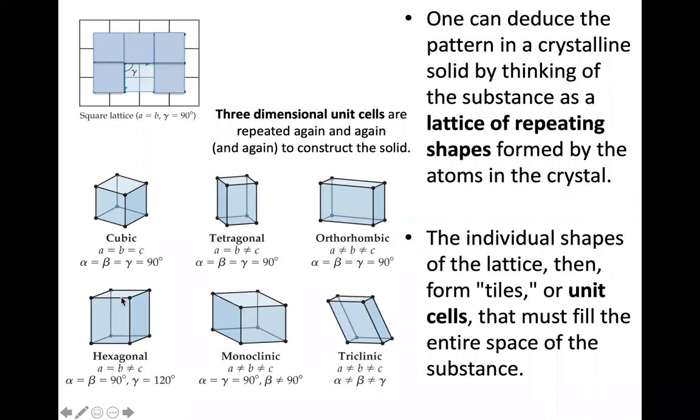But if you take three of these, with the way the angles work, and put them all together, then it looks like a hexagonal arrangement, like a honeycomb, that six-sided arrangement. That's how the angles end up working out, and that's where the name comes from for a hexagonal one.